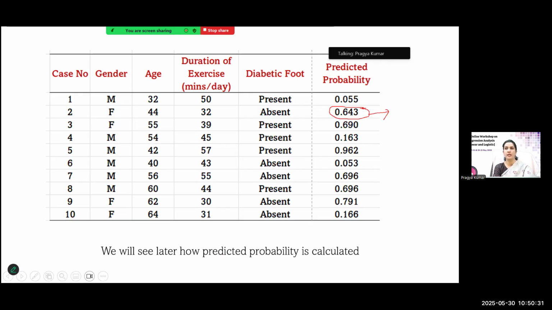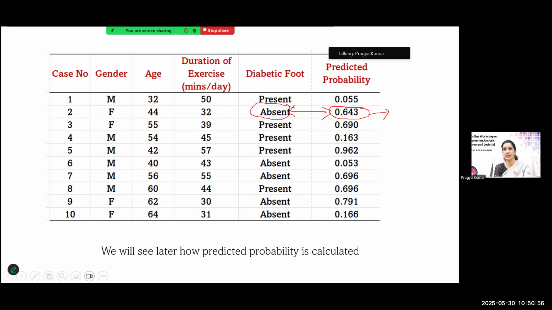According to the rule, if my probability is 0.643, will I have diabetic foot or will I not have diabetic foot? Yes, I will have diabetic foot. But the actual situation is showing that it is not having, because it is absent. So this is the mismatch, and that's the residual.